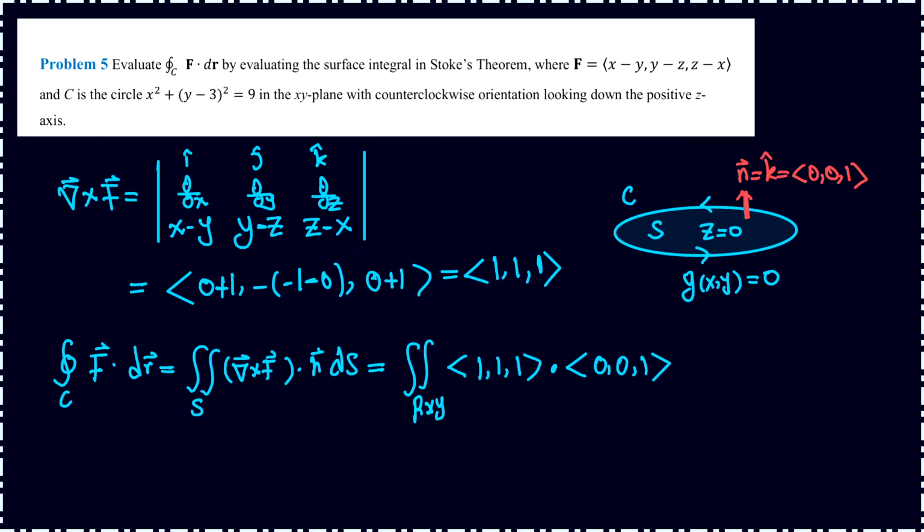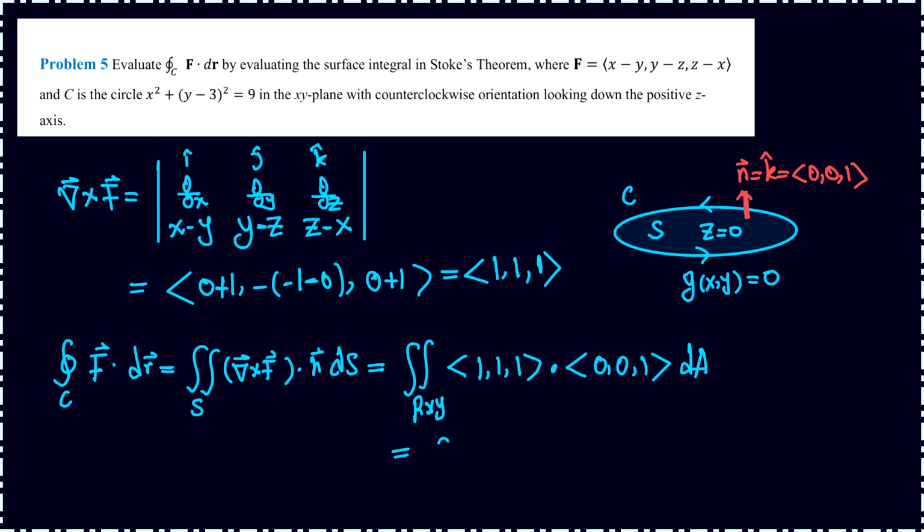Notice that if you want to do this directly, the derivative of this with respect to x is 0. The derivative of 0 with respect to y is 0, and you by default have 1. And this is going to be integral with respect to area.